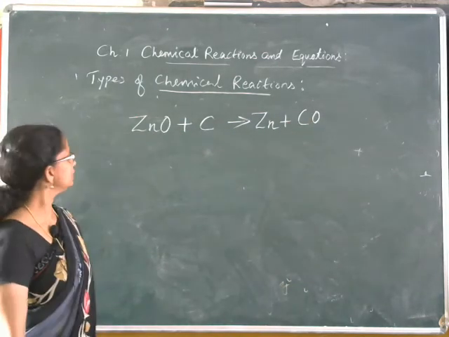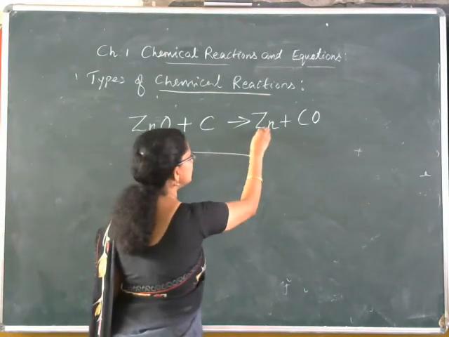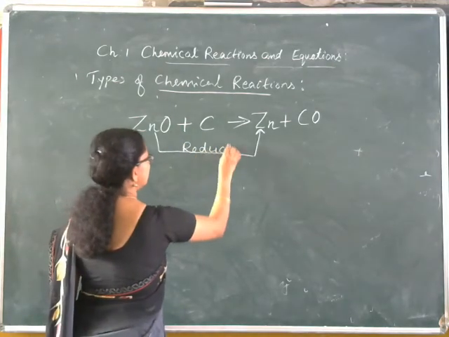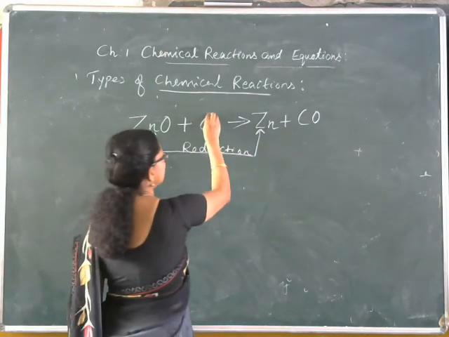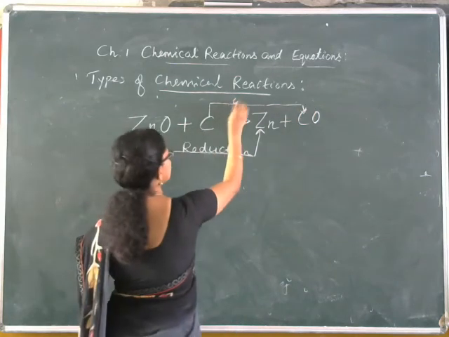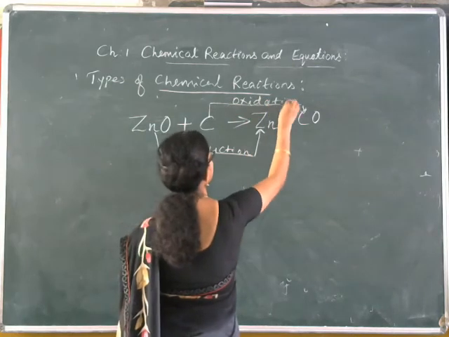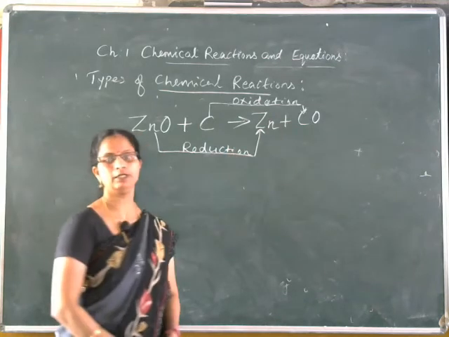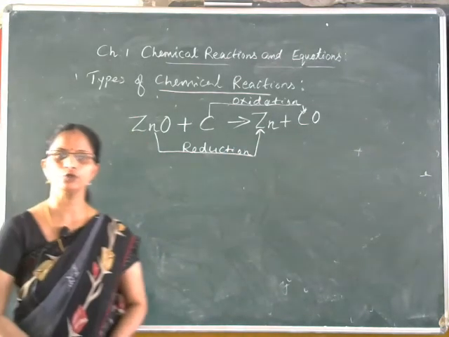In this reaction, zinc oxide is reduced to zinc, so here it is reduction, and at the same time, when oxygen is added to carbon, carbon is oxidized. This is oxidation. So here reduction and oxidation take place together, so such type of reactions are known as redox reactions.